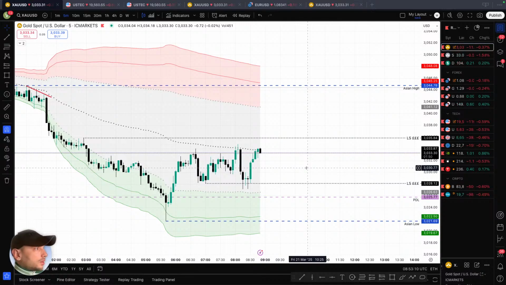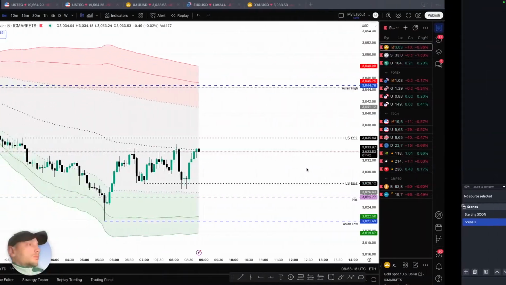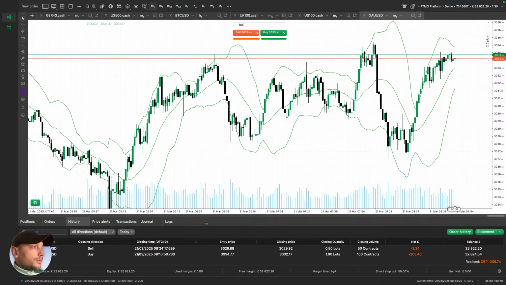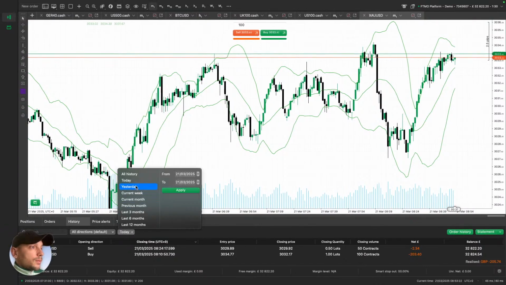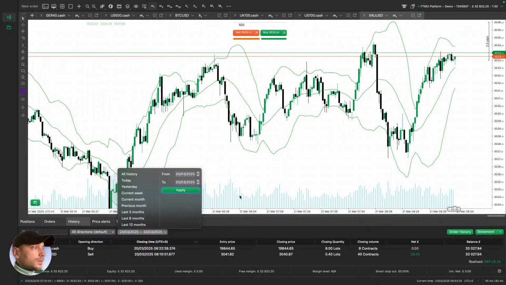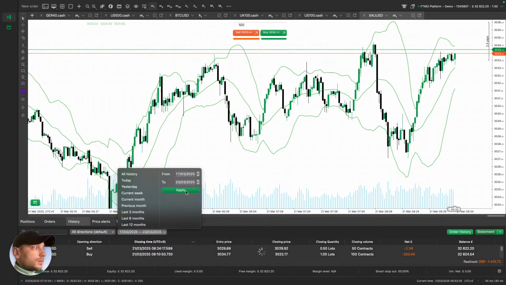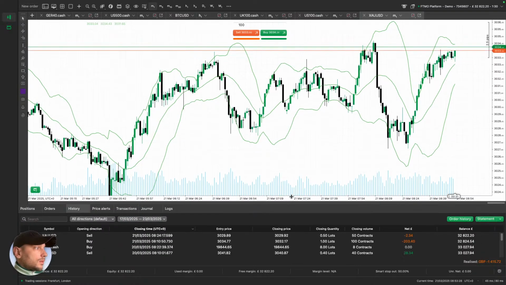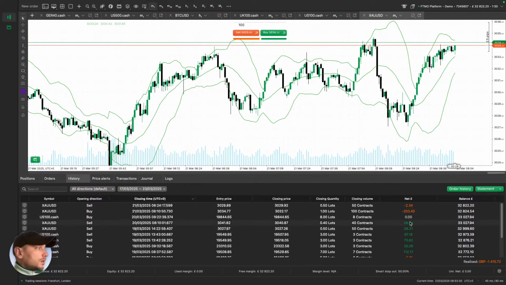So for beginners, the OR strategy is really strong because it's very easy. And like this is trades from yesterday. So this is everything from yesterday and the day before.